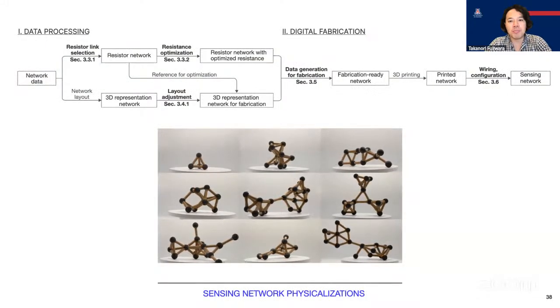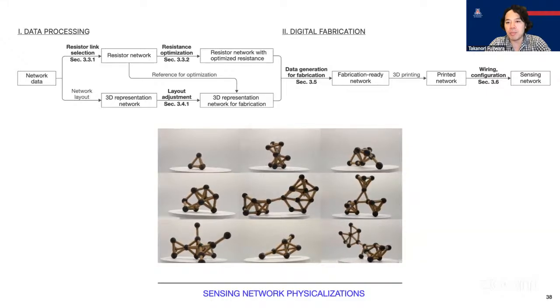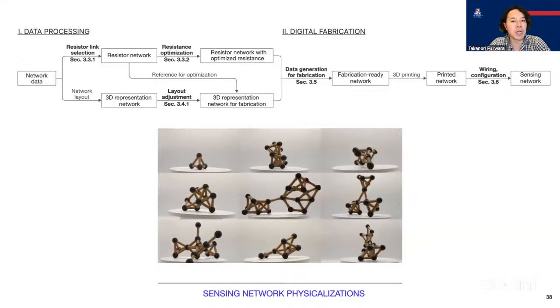So here we implemented a computational design pipeline, and with this pipeline, a network dataset can be automatically converted to a 3D object that directly embeds the conductive traces I showed earlier. We can have a fully functional object that is ready to go as soon as it is done printing.